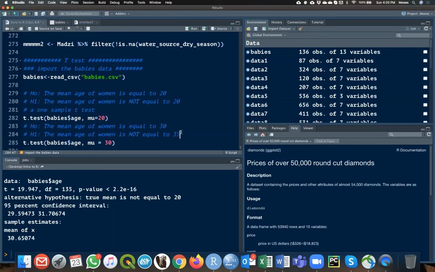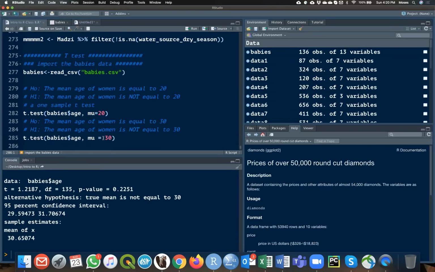So I start with 30, and then I run this t-test down here, and I find that the p-value is more than 0.05. Therefore, I will fail to reject my null hypothesis and conclude that the mean age of women is equivalent to 30 statistically.